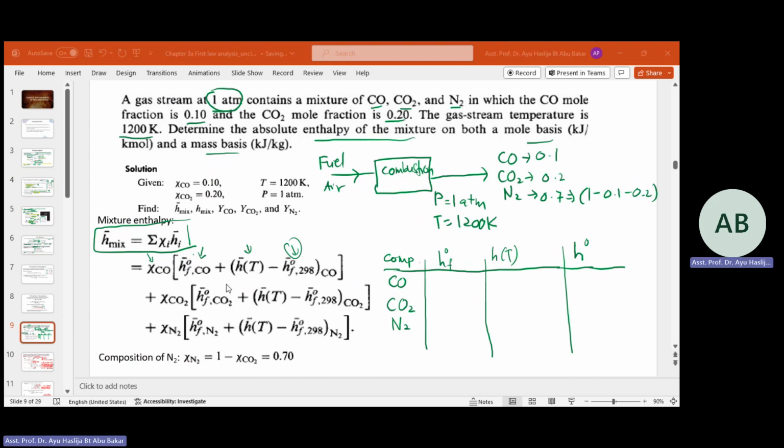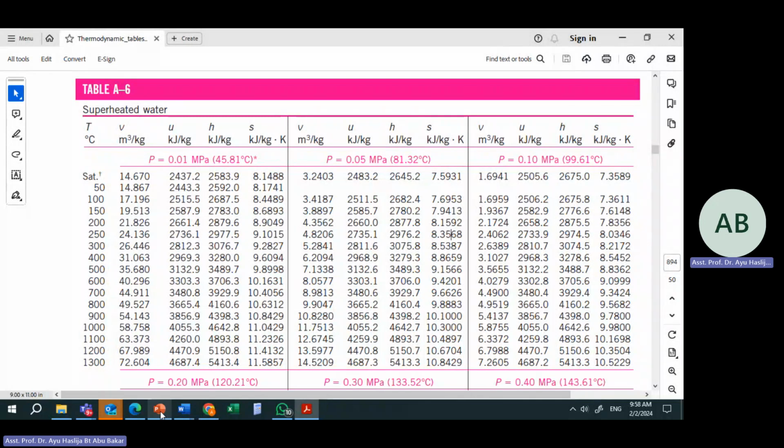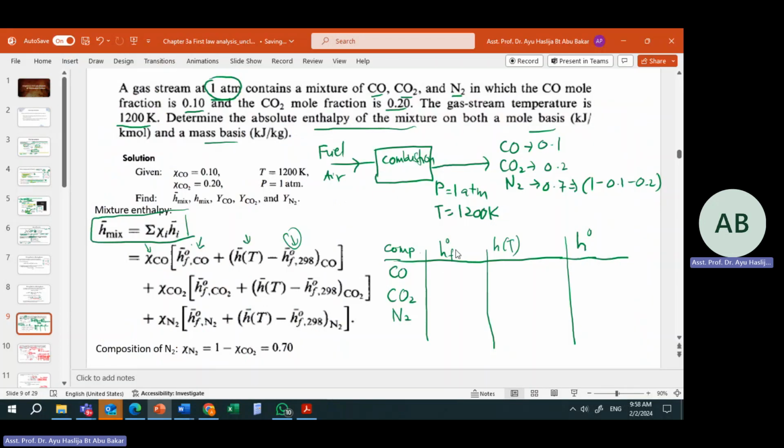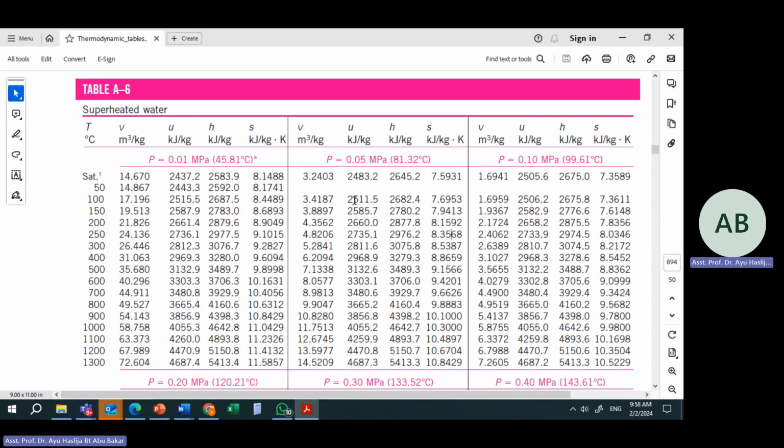Now we need to use the table. Okay, let me open the table first. Next class, it's better for you to print out the table. Easier. So we need the info for HF. We find HF first, heat of formation. It is in table A26.